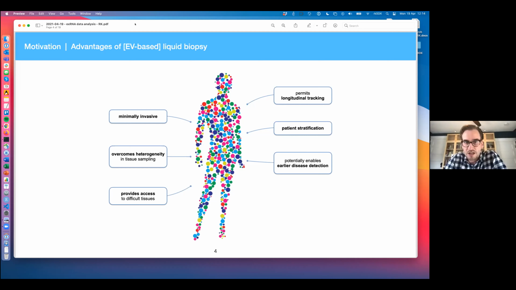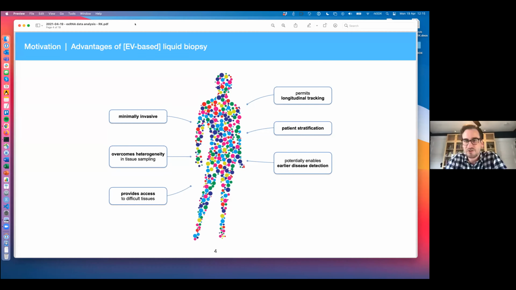It allows you to do fairly high frequency longitudinal tracking, which is great for looking at drug responses, treatment responses, and prognostics. Equally, you can easily stratify patients into different disease subtypes or treatment groups, and potentially, especially with exosomes and extracellular vesicles, which I am a bad EV person, I will use both of those terms completely interchangeably, which is probably not ideal, but I'm too stuck in the mud now to change.